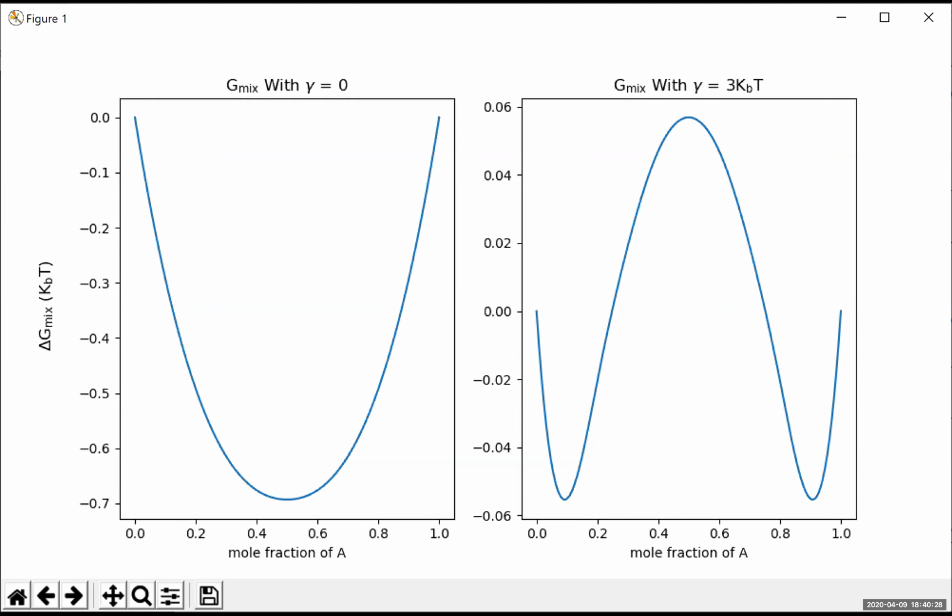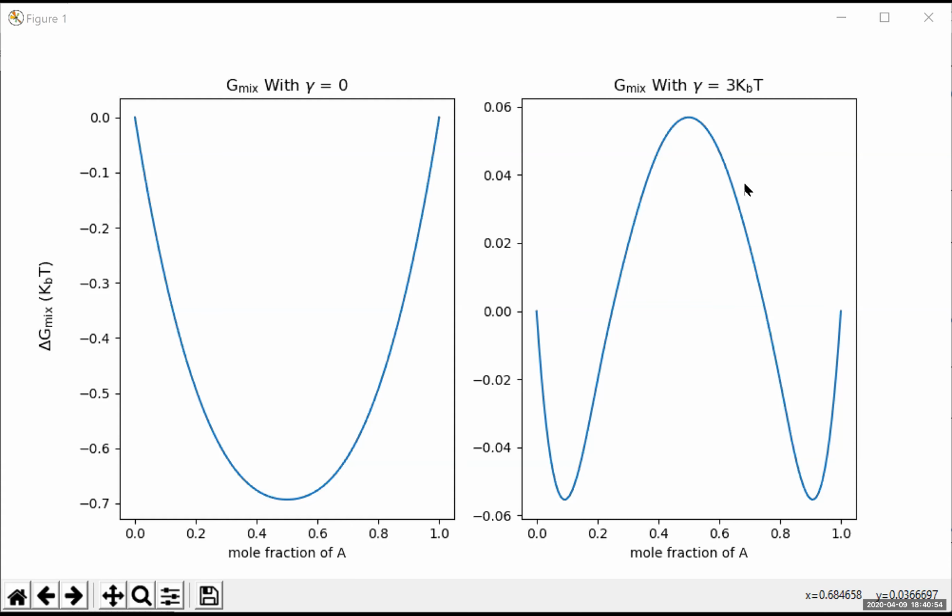So to clarify, when you increase the gamma value, that means that if there is an equal amount of both A and B, for example, at 3 kBT, there would be more free energy. Yeah, the free energy would be more positive, so it would be less favorable.